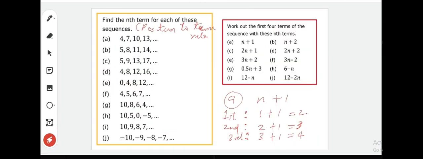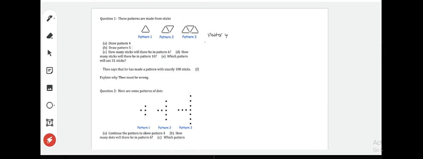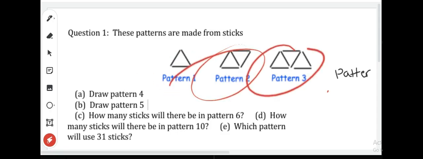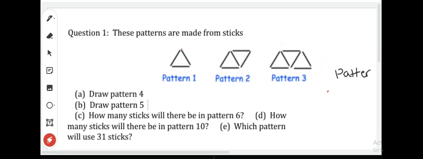Let's look at more questions like this. It says these patterns are made from sticks. Pattern 1, pattern 2, pattern 3. Pattern 1 has 3 sticks. Pattern 2 has 5 sticks.